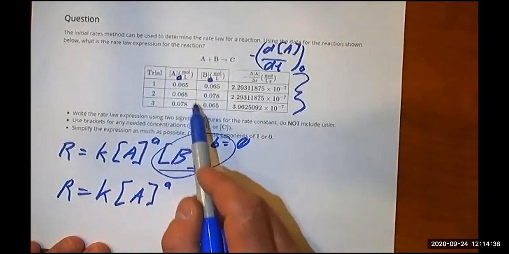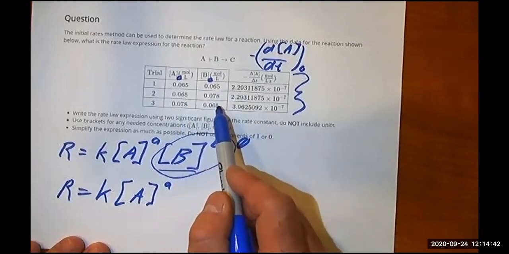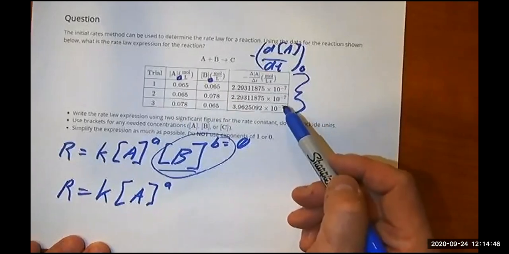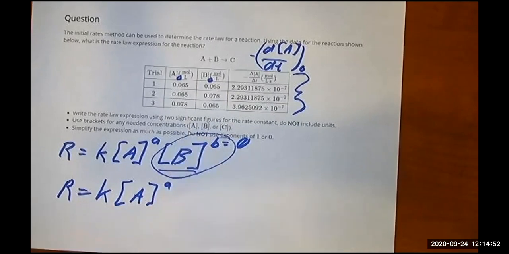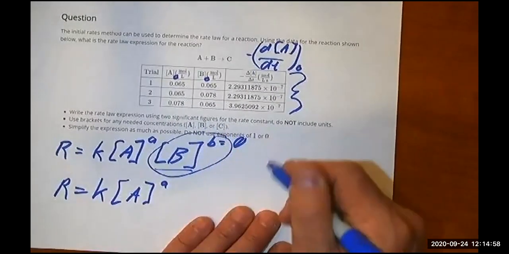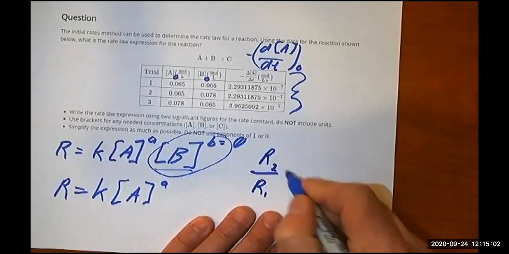So we're changing the concentration of A. We are leaving the concentration of B the same. But here we do get a difference in the rates. So we need to take our rate laws and compare them some way. So what we do is we're going to write this as R2 over R1.